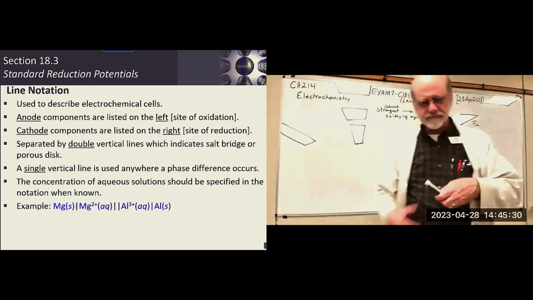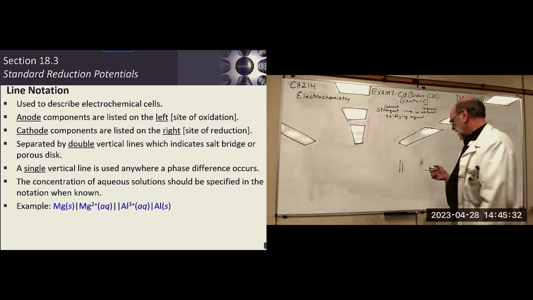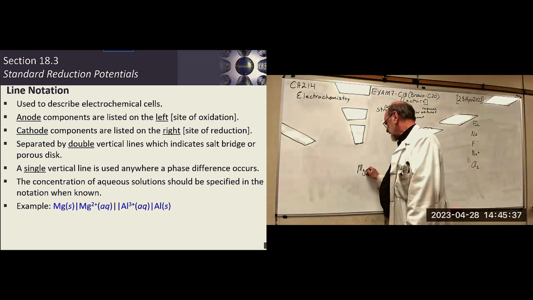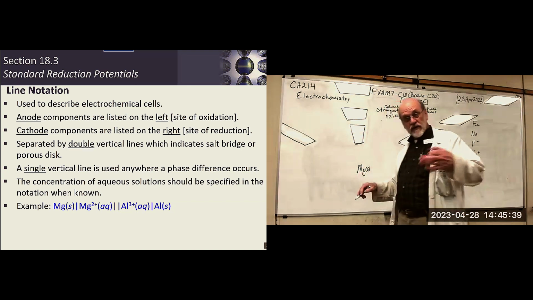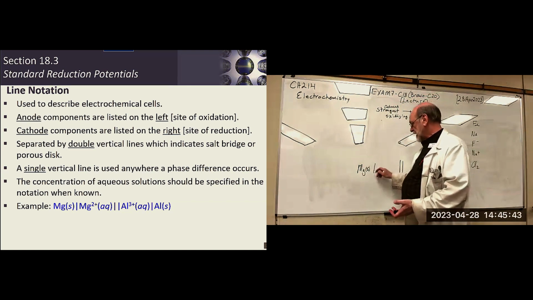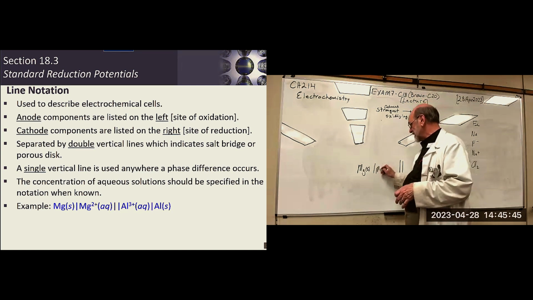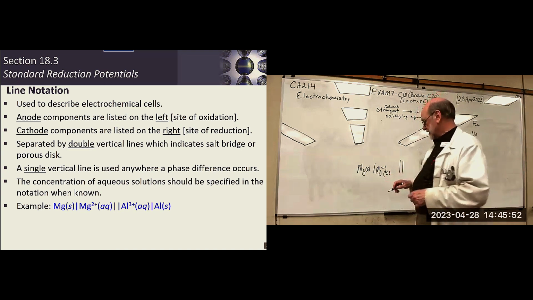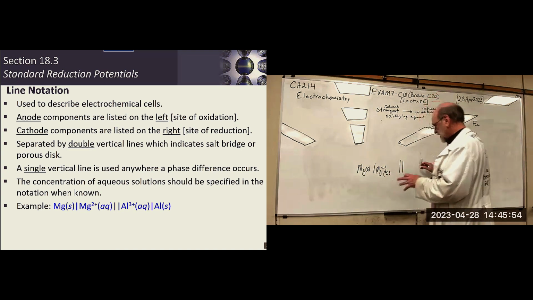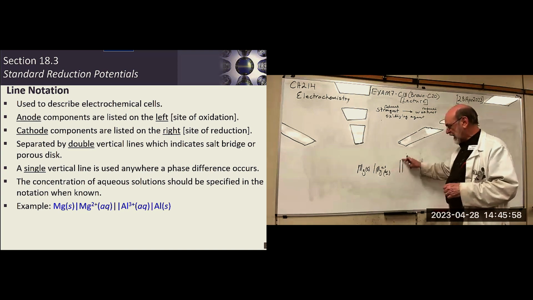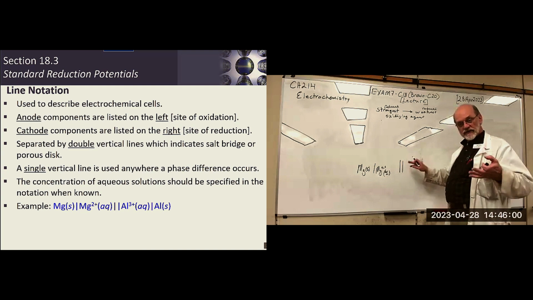So here's an example. If we draw it out in line notation, we have magnesium solid would be one of the electrodes, the anode electrode on this side, and it would be separated from the magnesium that's in solution. Okay, and then on this side, the solutions would be separated by a salt bridge or a porous disk.